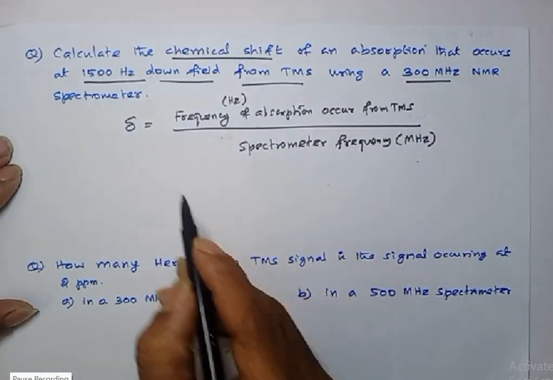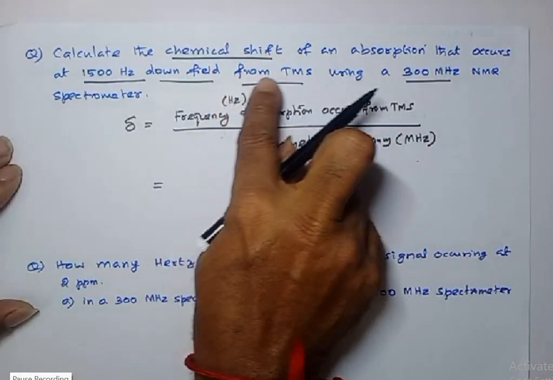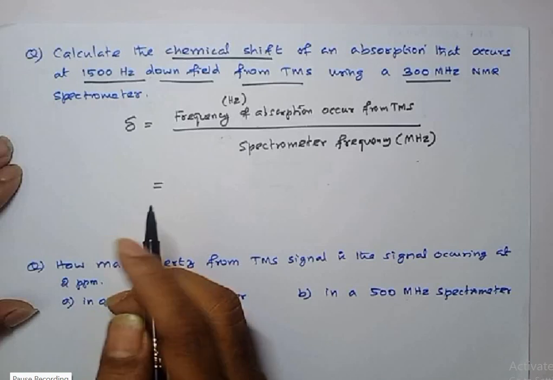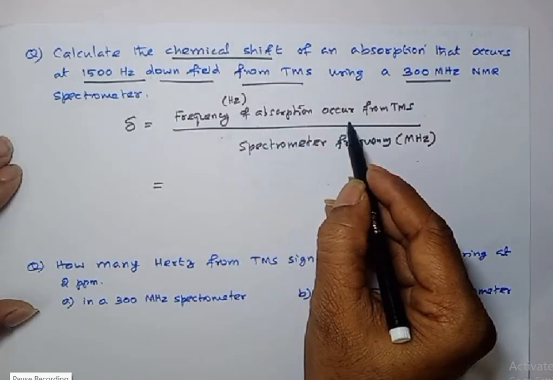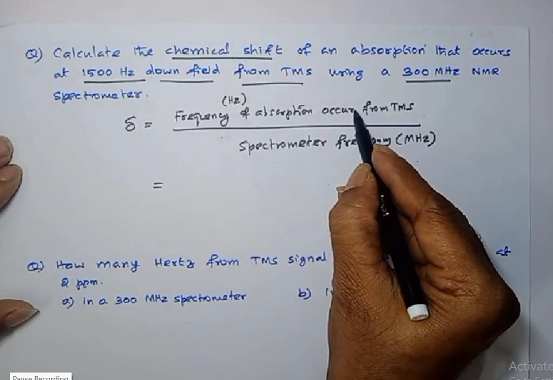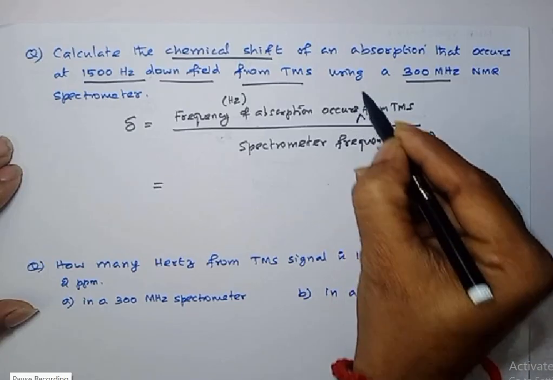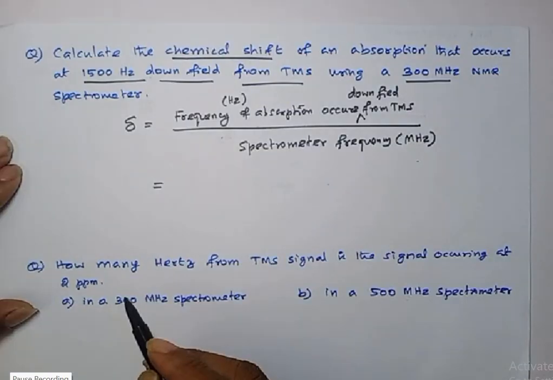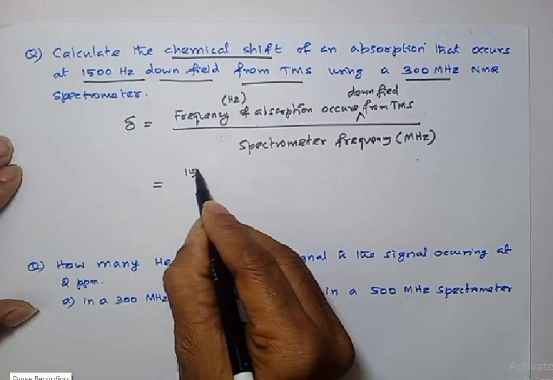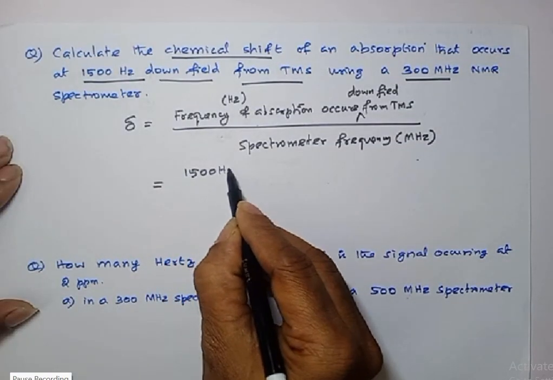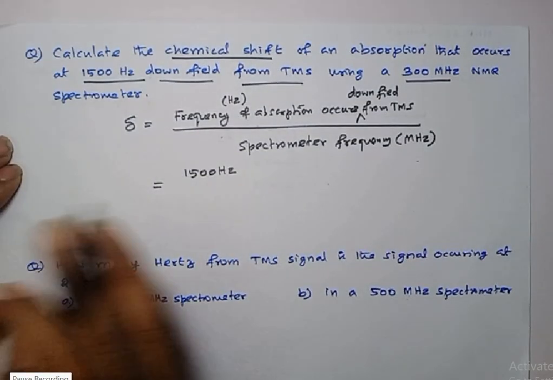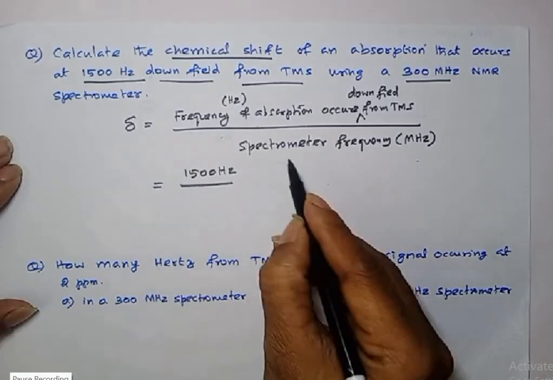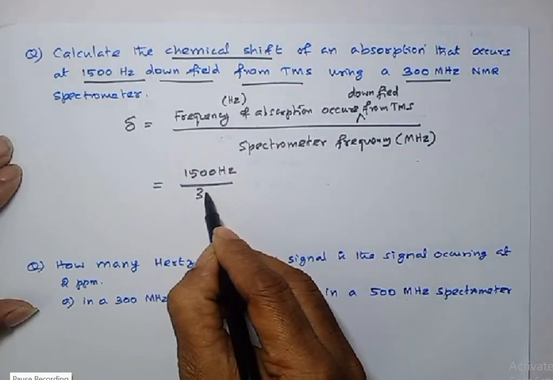Now listen, from TMS the signal appears at 1500 Hz downfield. So the frequency of absorption from TMS in the downfield is 1500 Hz, divided by the spectrometer frequency, which is given as 300 megahertz.